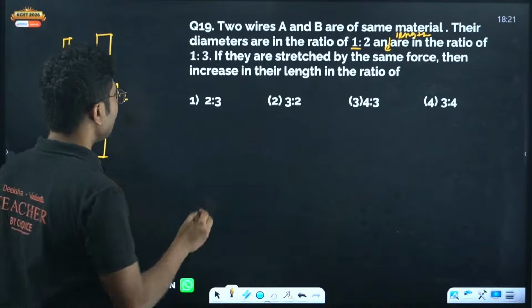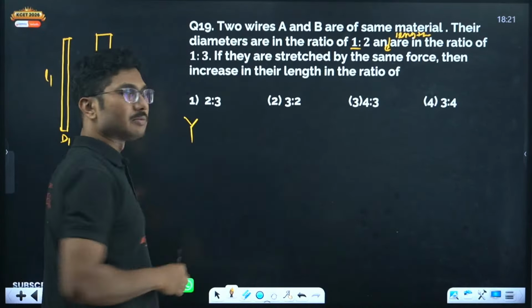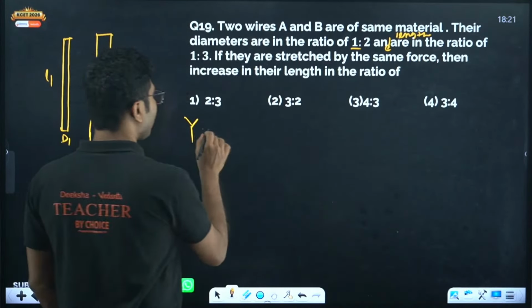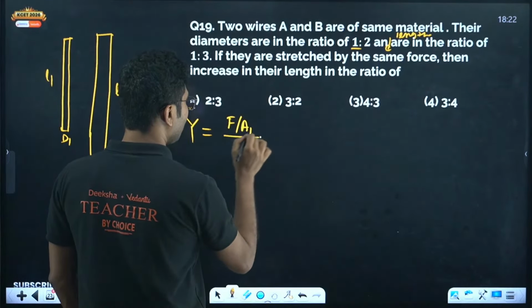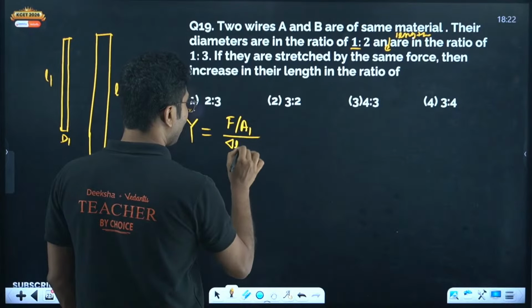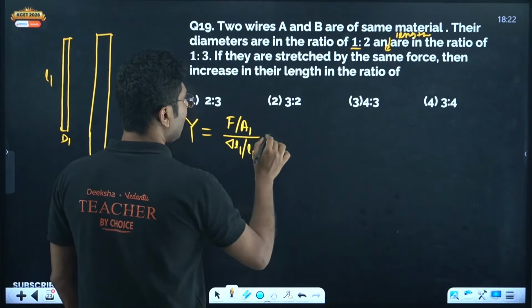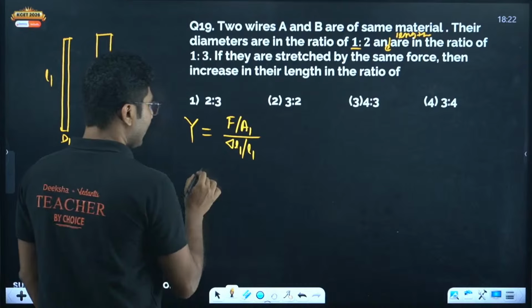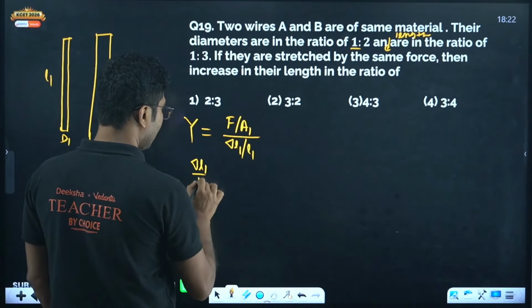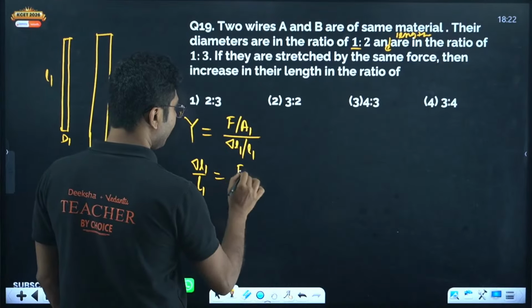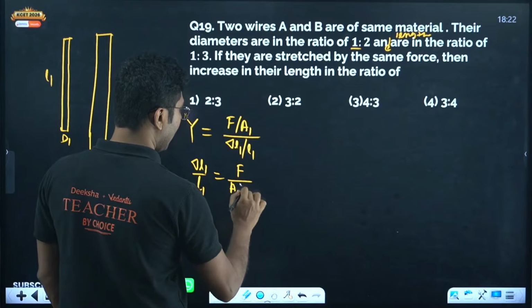Same material means Young's modulus is the same. So Young's modulus is F upon A1 divided by delta L1 by L1. From here you can calculate delta L1 by L1 equals F by A1 Y.